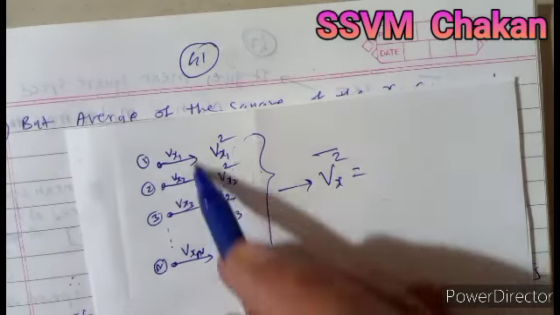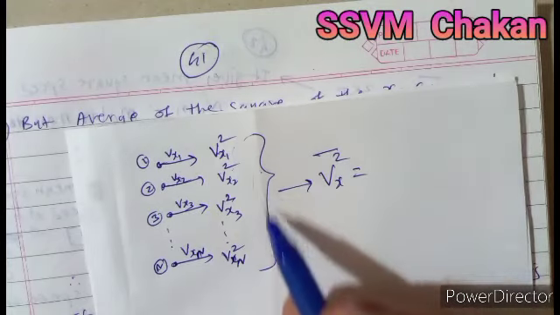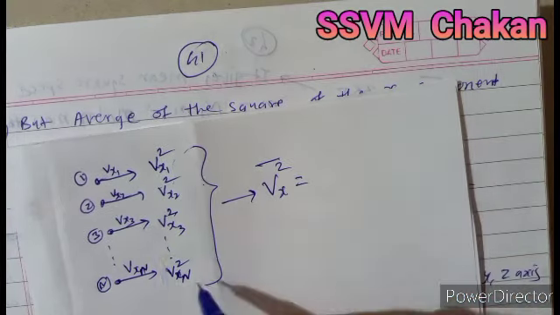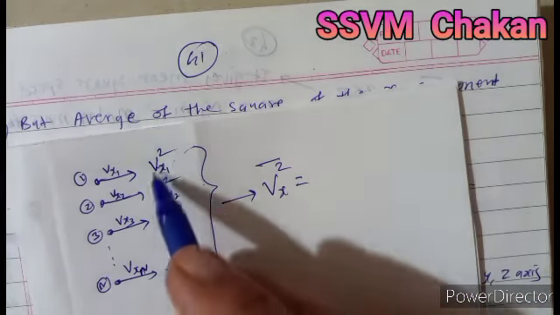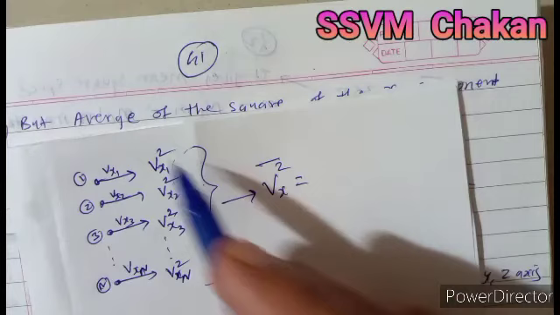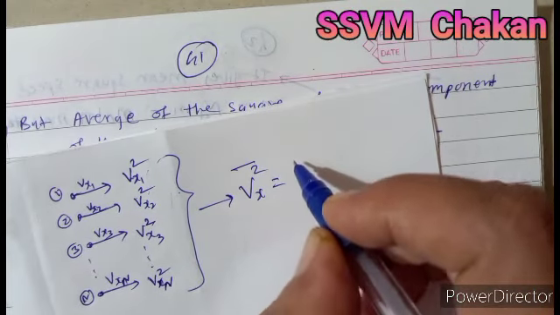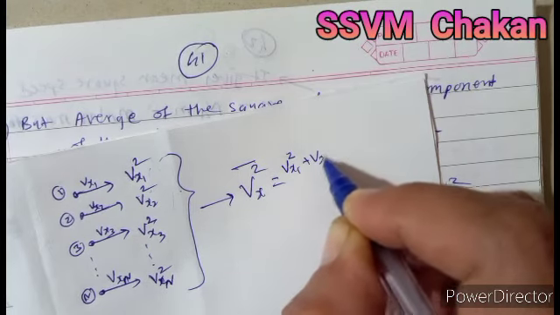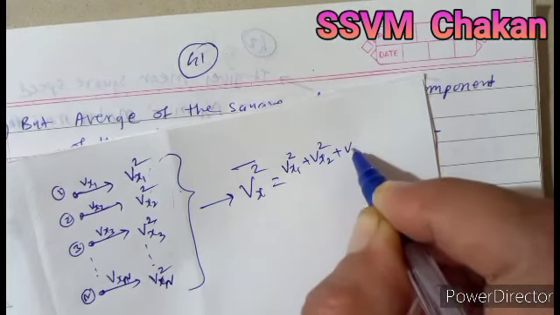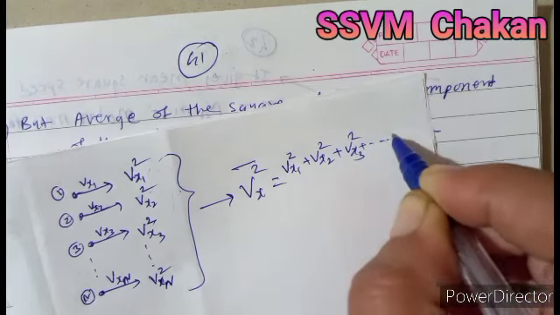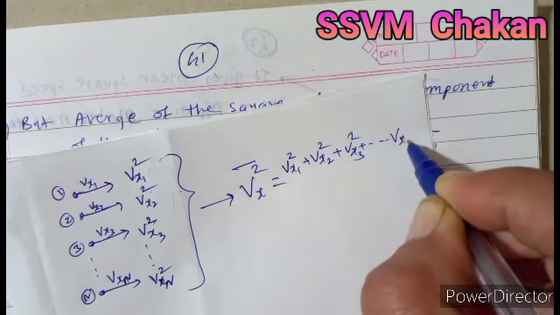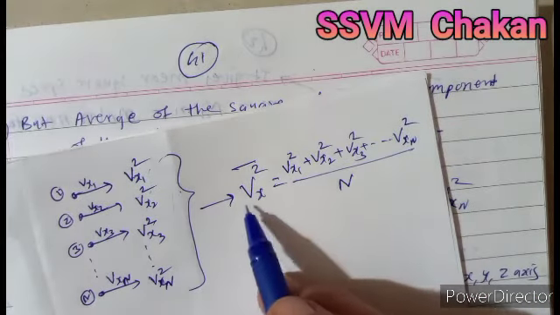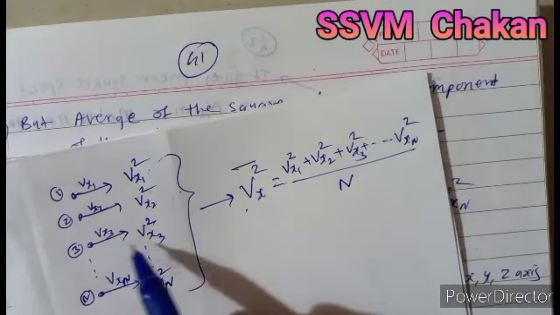Now we calculate the average of these velocities, denoted by Vx square bar. To calculate the average, we take the addition of all of these and divide by the total number of molecules. So Vx1 square plus Vx2 square plus Vx3 square plus and so on up to Vxn square, divided by capital N. It gives you the average of all these velocities.